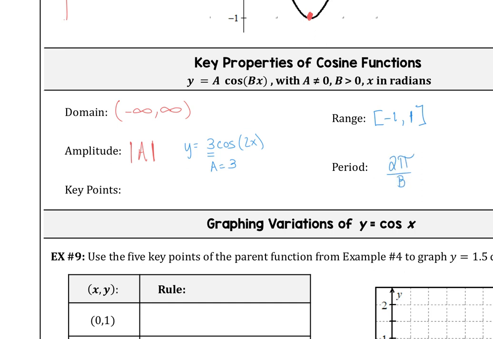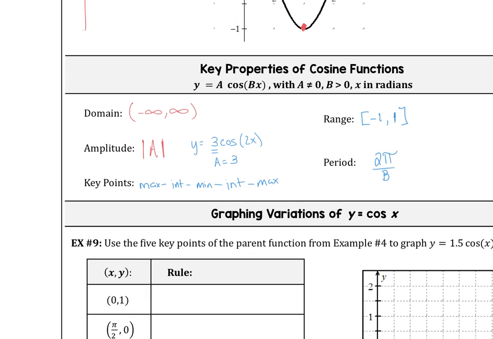I'm going to talk about that in some of our examples, how to find the period of that function given what's given to us in the equation itself. But we've already mentioned some key points. We have to have the max, an intercept, the min, another intercept, and then finally the max again. Those are our 5 key points that we're going to use.